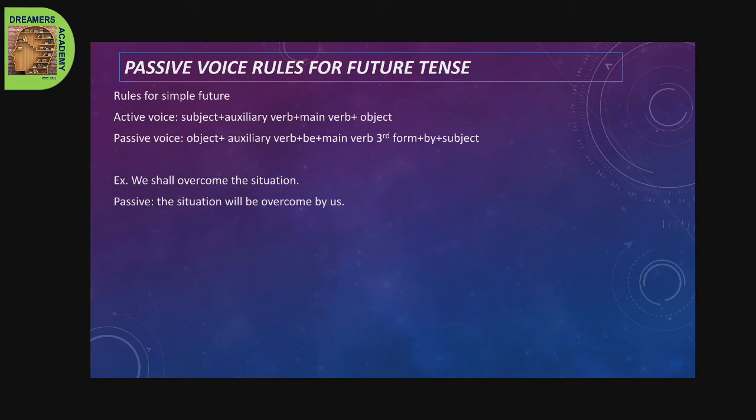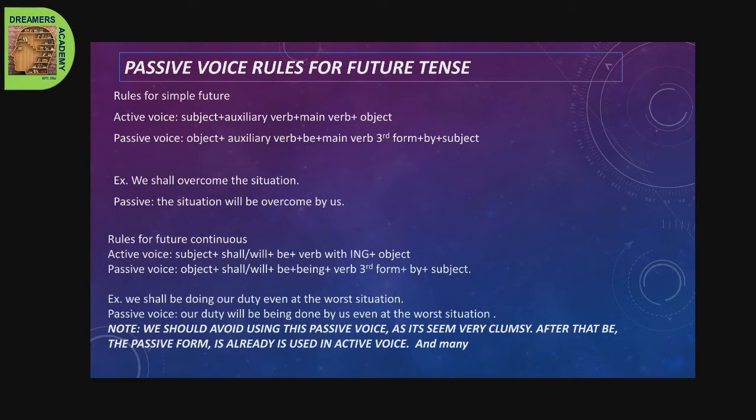As there is a shall in the active voice, the passive voice is: the situation will be overcome by us. Then future continuous tense.